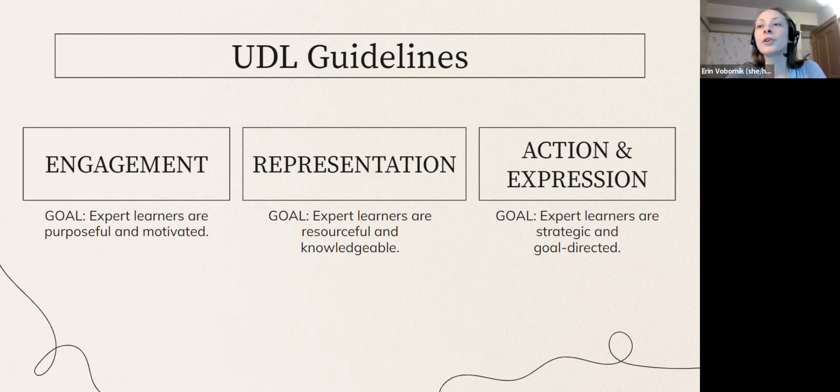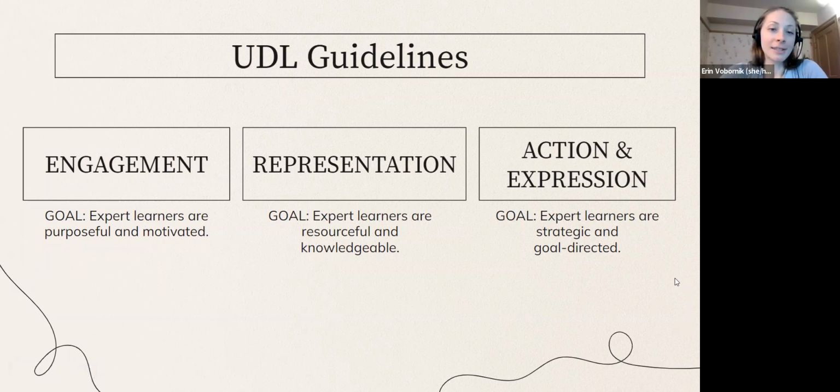In the engagement category, the goal is expert learners who are purposeful and motivated. Through representation, we want expert learners who are resourceful and knowledgeable. And through action and expression, the goal is expert learners who are strategic and goal directed. I'm sure all of us are thinking, an expert learner with all of those qualities would be fantastic.